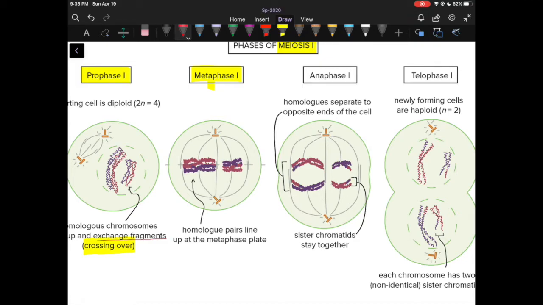And the way that these homologous chromosomes line up can be different too, and this is what is known as independent random assortment.